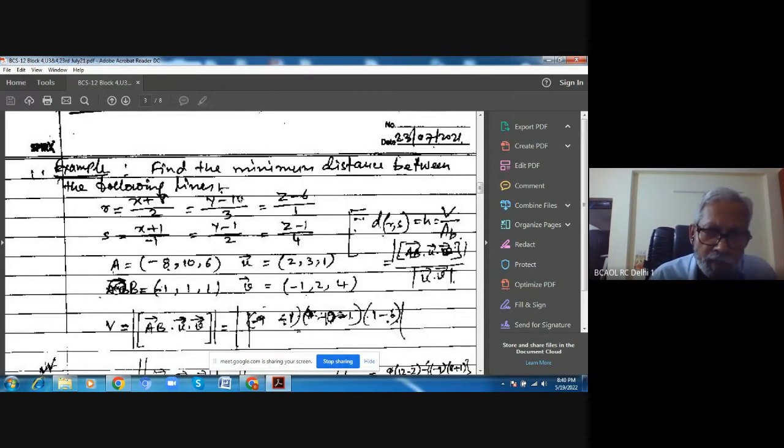Here y minus 10 is equal to 0, and we get y is equal to 10. Then z minus 6 is equal to 0, so z is equal to 6. So you get a 6. Like this, U is the part you are considering, as I showed you in the formula, A and U, and in this case B and V are like this.